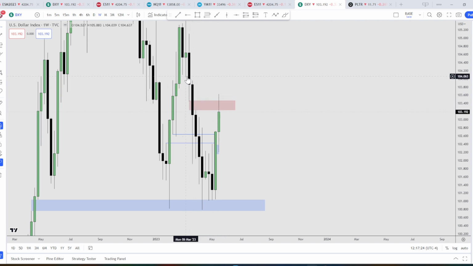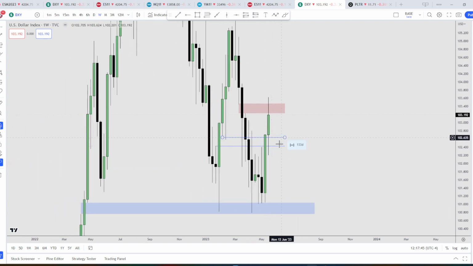There is one more CB out here. Okay, so if price was to swing down lower into this balanced price range, we could expect some form of support. Okay, I want to see some form of support to run it higher next week. Okay, that is for DXY.